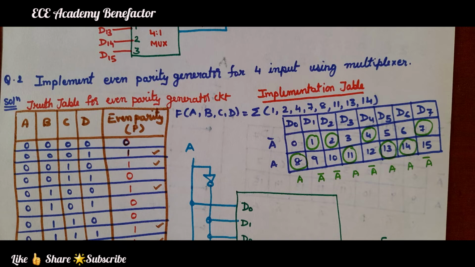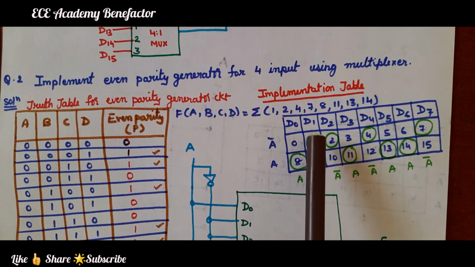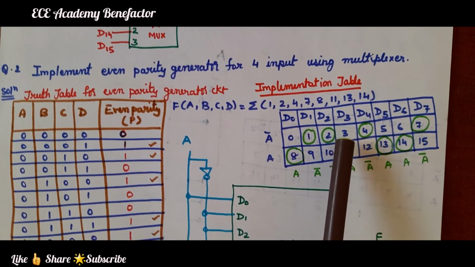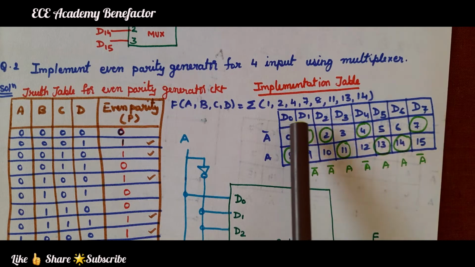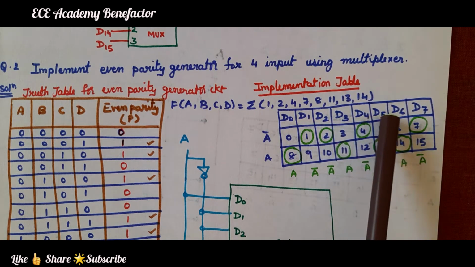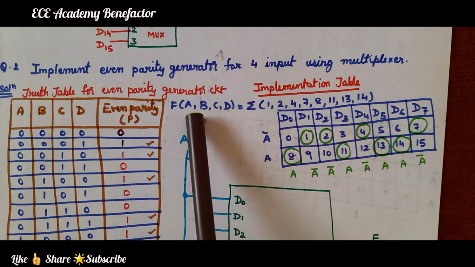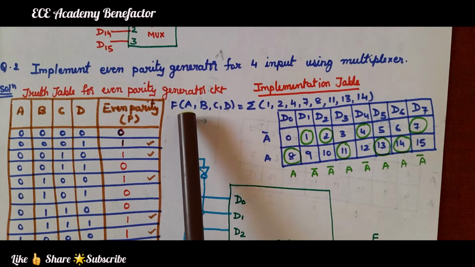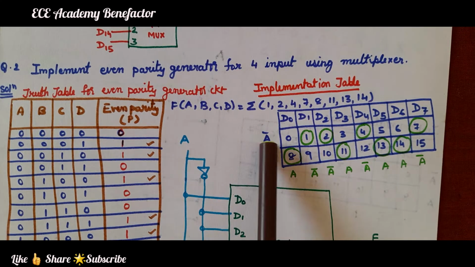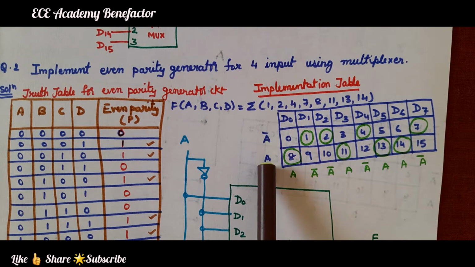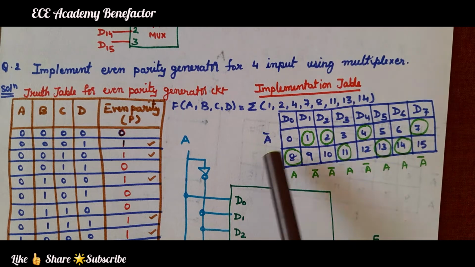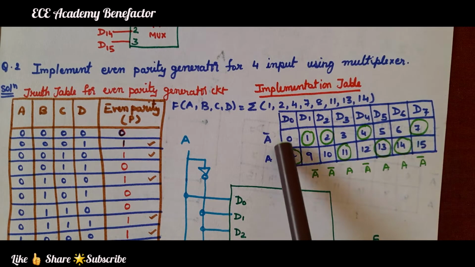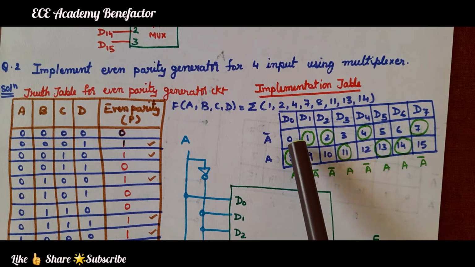Now we need to draw an implementation table. We need to implement using a multiplexer. We are using an 8:1 mux here. So we have taken 8 inputs D0 to D7, and 4 variables. The first variable A is used in the implementation table as A bar, A. Inside this table we fill the numbers from 0 to 15.